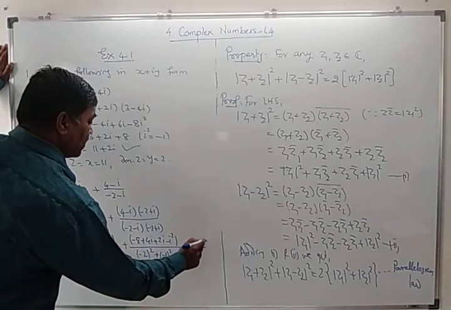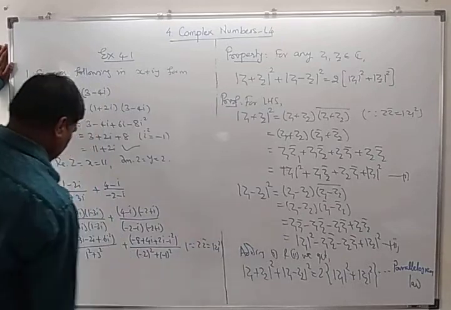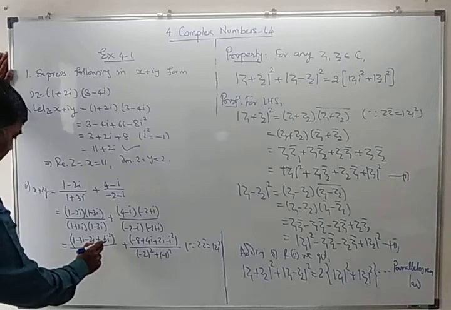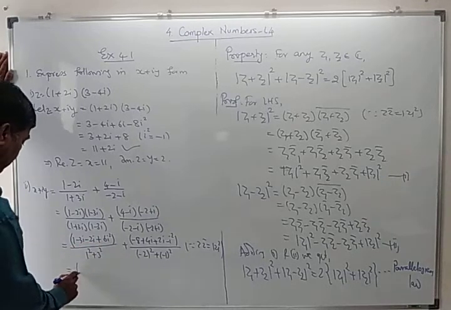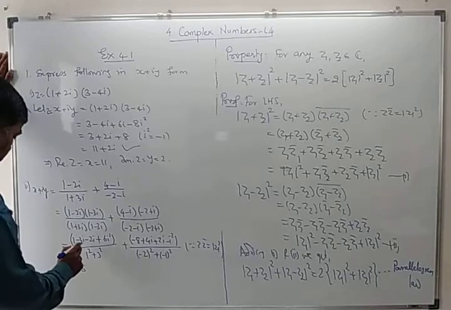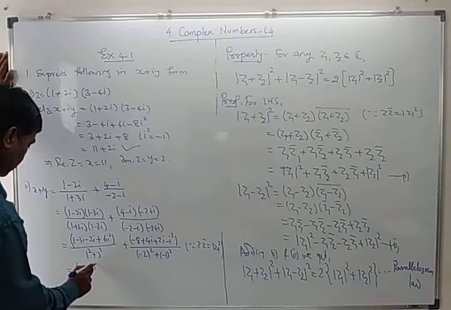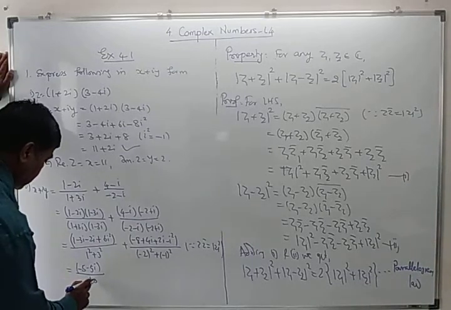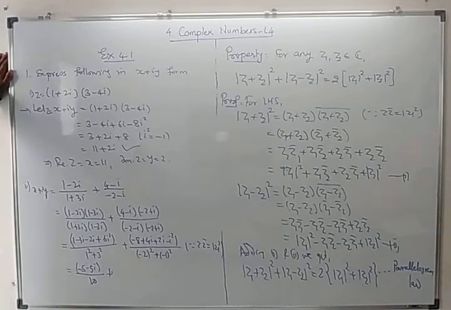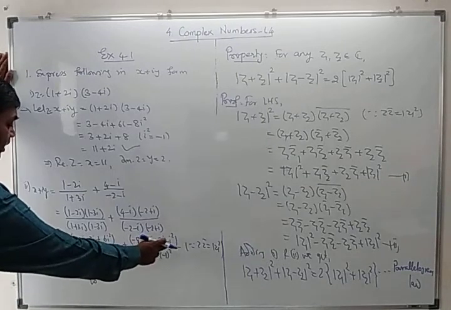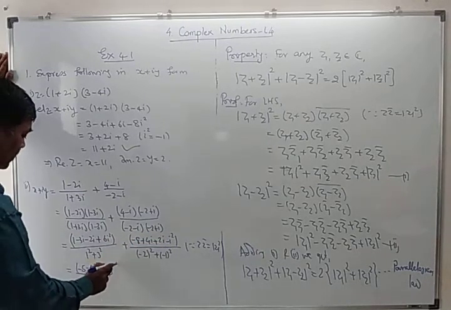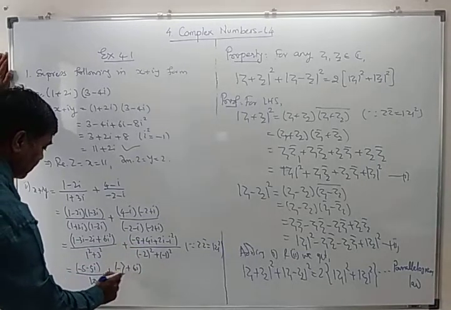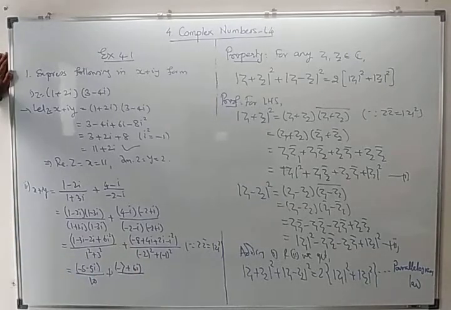Since z into z bar is equal to mod z squared, and i squared is minus 1, we get 1 minus 6, that is minus 5, minus 5i upon 1 plus 9, that is 10, plus, this is minus 8, i squared is minus 1, minus minus plus, so it will become minus 7, and this is your 6i, upon 4 plus 1, that is 5.